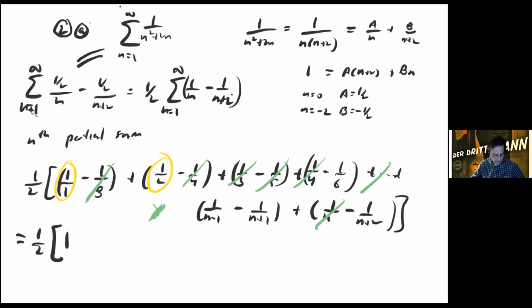What ends up happening is that there's a 1 over 1 plus a 1 over 2, and all the intermediate terms vanish, and what's left over is a 1 over n plus 1 minus 1 over n plus 2.